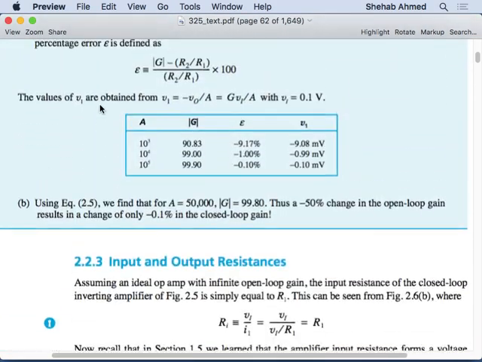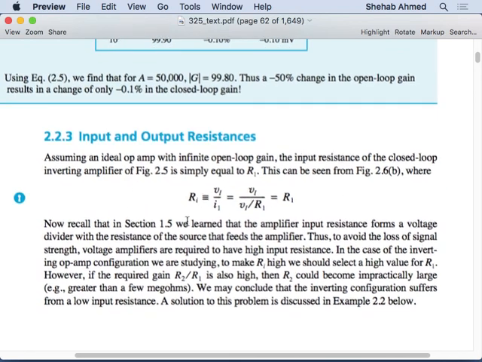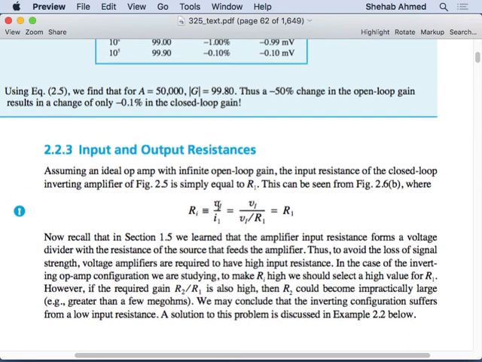This example is simple. Again, the input impedance, of course, in this case is equal to the input voltage divided by the input current. Remember, experimentally, how would you measure it? You put a voltage source and current will flow. Take that voltage divided by the current, and you will have your value for input impedance.